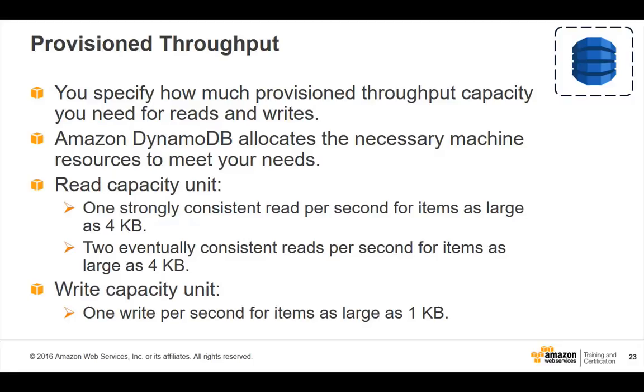If you had a read requirement of an item that's 6k and you wanted to read that every second, you would need 2 read capacity units to over-provision. Because if you only had 1 read capacity unit, which allows you 4k, and your item is 6k, you're not going to have enough capacity to read it. You would need to provision 2 RCUs to have 1 strongly consistent read on a 6k item.